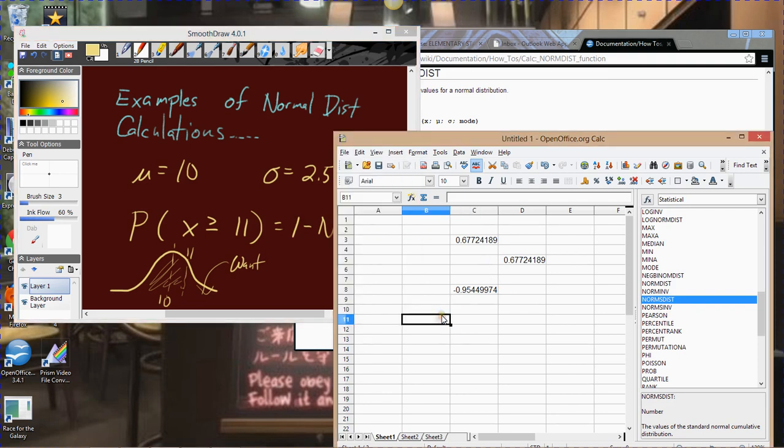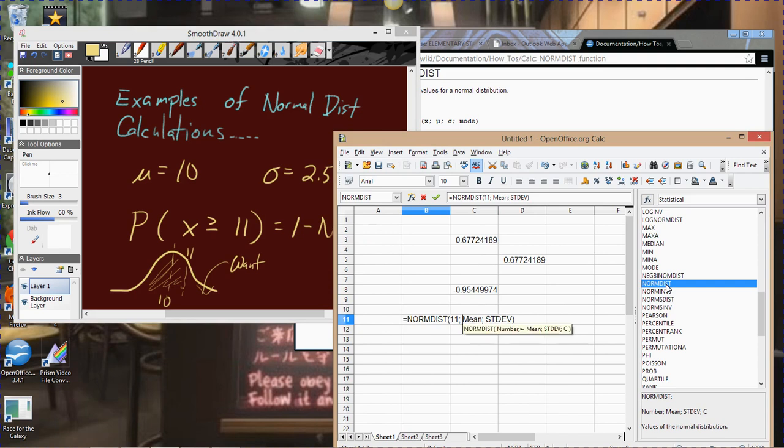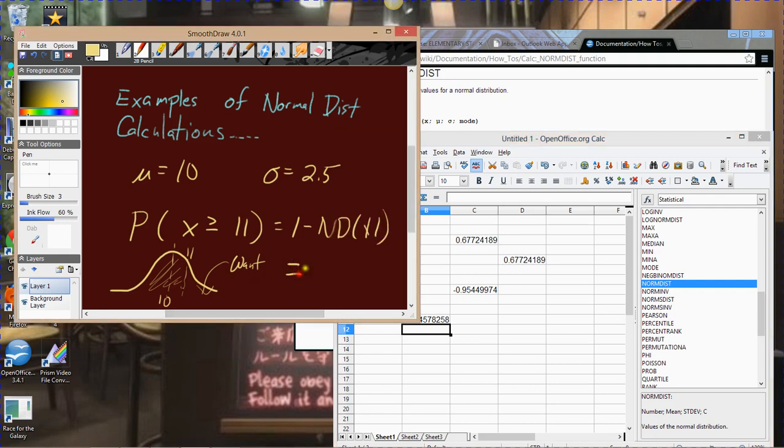So yeah, just go over here and type equals, now I need the general guy. So my x is 11, my mean is 10, my standard deviation is 2.5, and I'm supposed to subtract that from 1, so let me go 1 minus. There we go. So this area that we want and the probability that we want is 0.346.